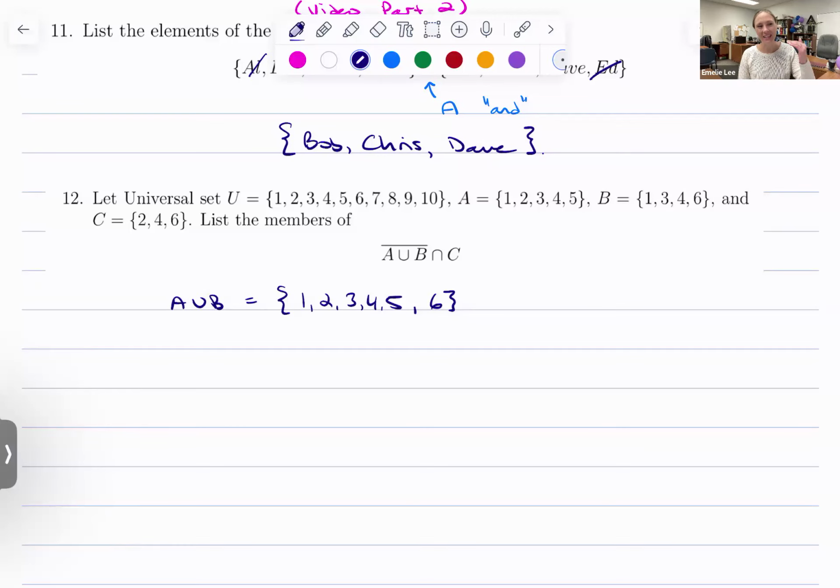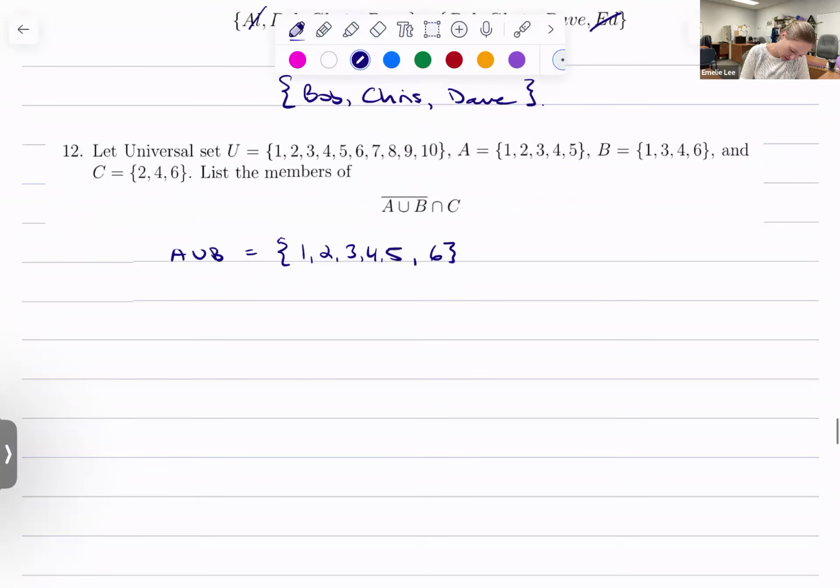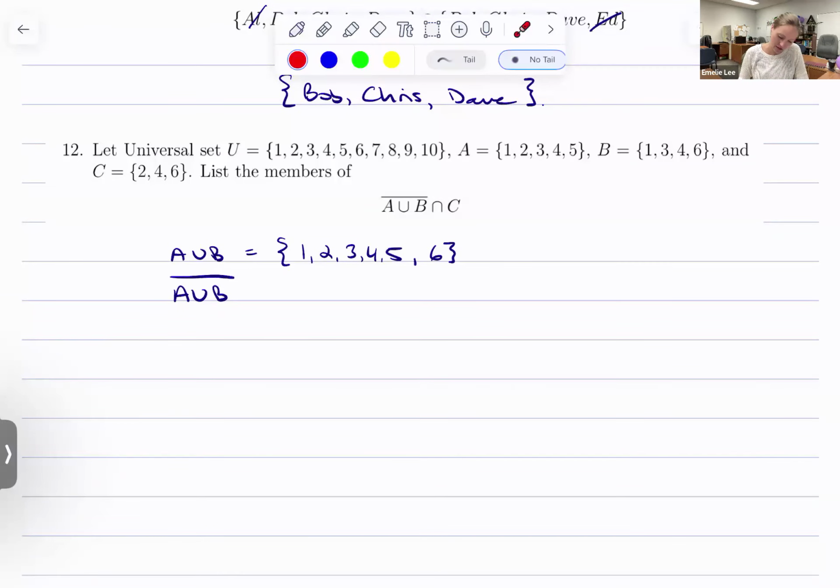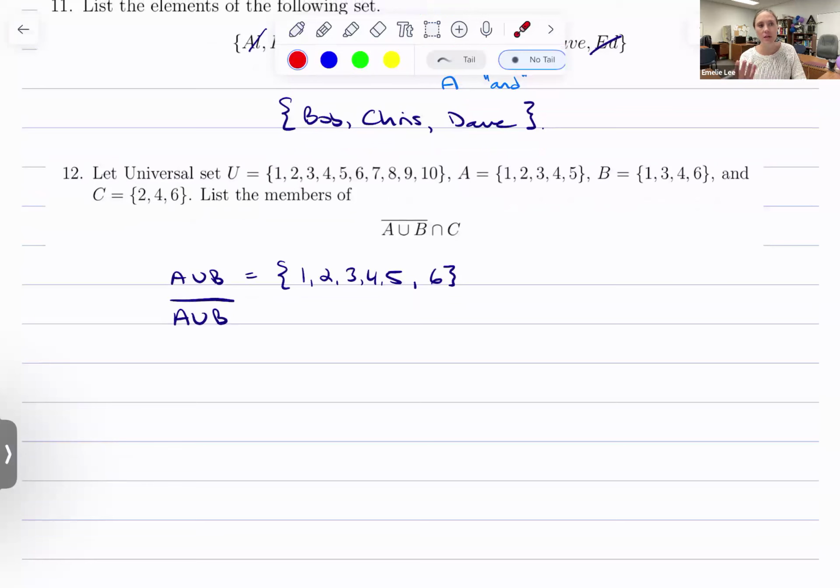Then I need to find the complement of A or B. The complement, remember, is every element in the universal set that is not in A or B, which means all the elements that are not 1, 2, 3, 4, 5, 6 in the universal set.